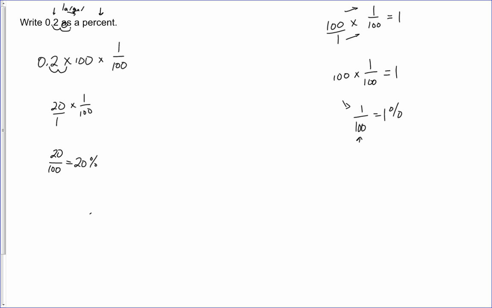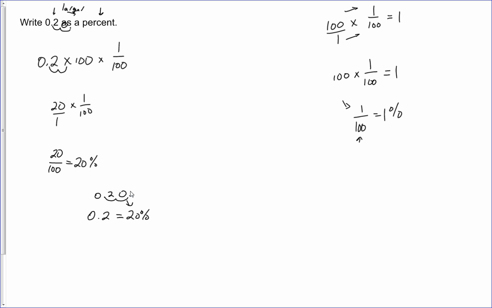So that means 0.2 would equal 20%, because you take your 0.2 and move your decimal 2 places, so it would go from here to here, giving you 20, and that would be 20%.